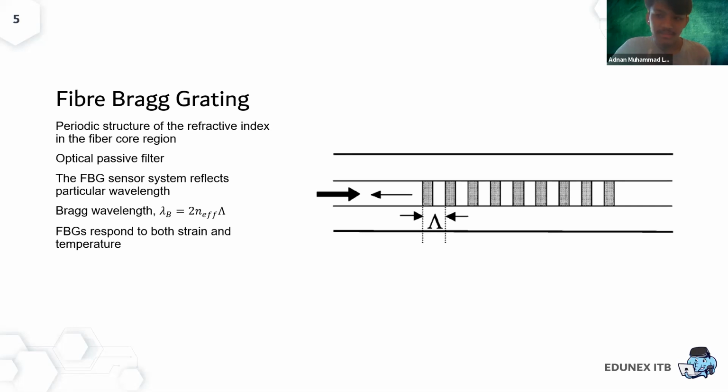But how can we measure the change? How does the sensor work? FBG responds to both strain and temperature. The strain will change the grating periodicity and also the effective refractive index, and that will change the Bragg wavelength.